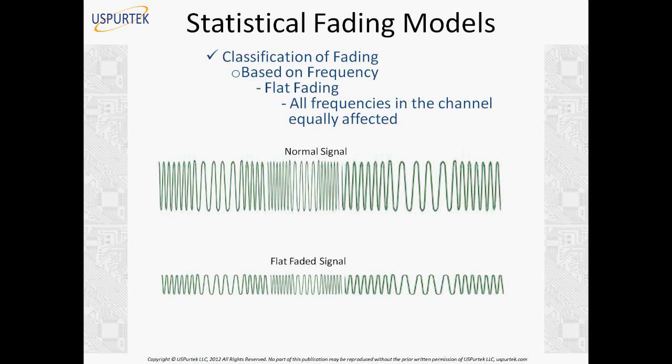There is a center frequency, but a band of frequencies which are used around the center frequency. So if all the components are affected to an equal extent while fading, then we call it a flat fading channel. Now, a flat fading channel is very easy to handle because at the receiver you can equalize all the components of the signal to the same extent. So the receiver design will be much simpler actually if you have flat fading.